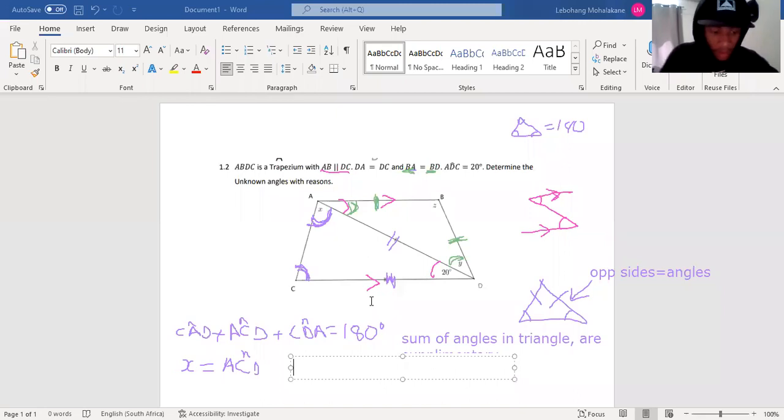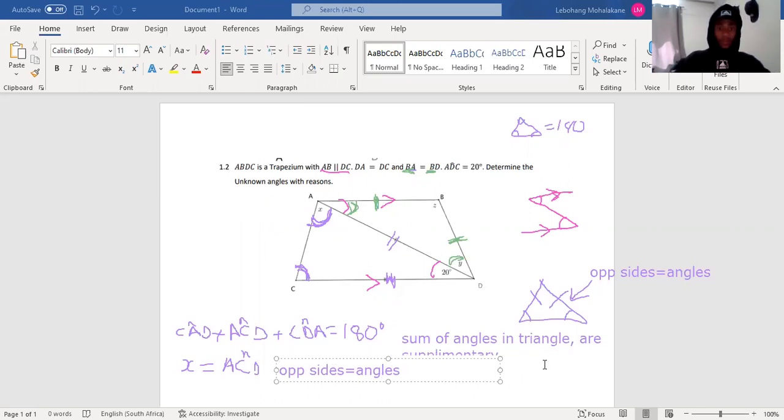You're going to say that opposite equal sides have equal angles. That is your reason.